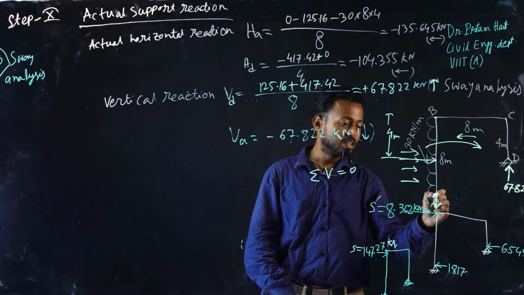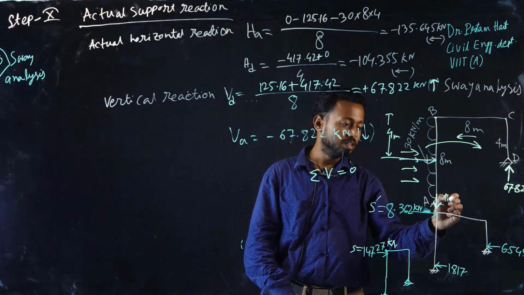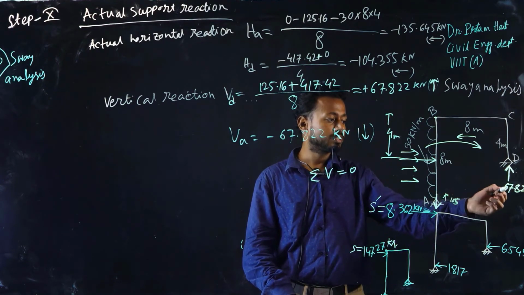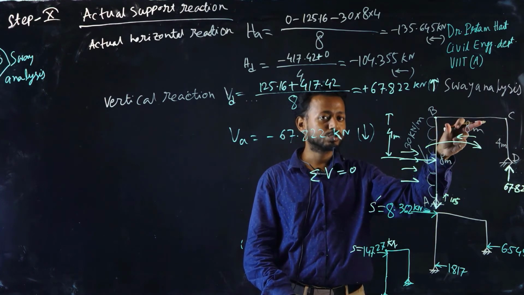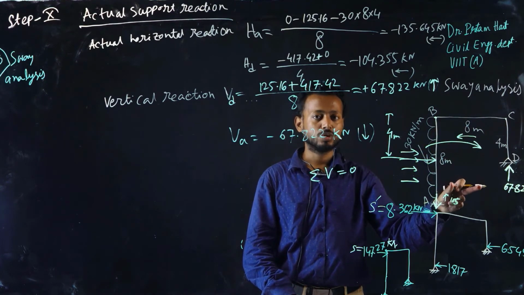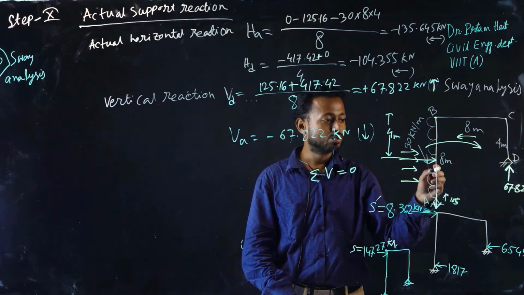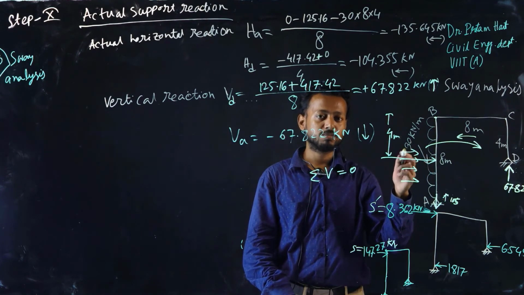If you consider VA in the upward direction, suppose it is 105 going up, there is no force to counteract this vertical force. Our intention is to be in equilibrium vertically, horizontally, and as well as moment.